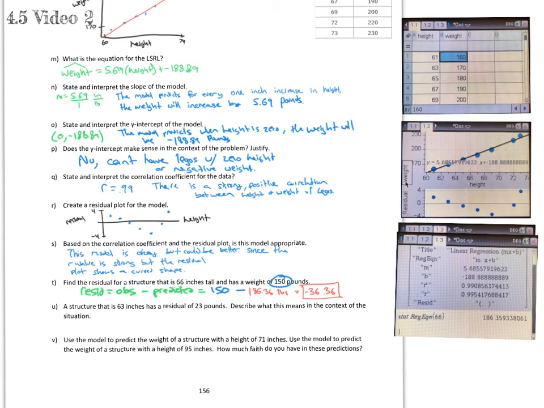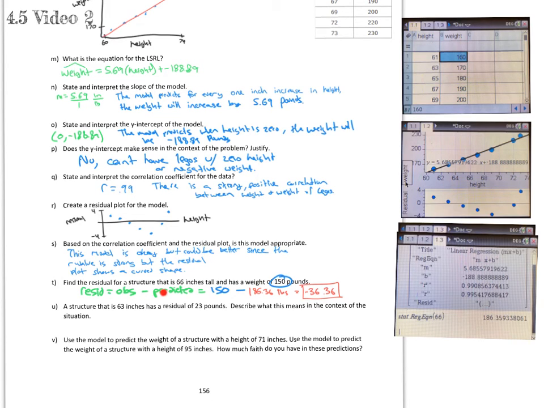That means we had an over prediction. The line predicted 186 pounds. The actual weight was 150. All right, and then in our final two questions here, we have a structure that is 63 inches and has a residual of 23 pounds. Describe what this means in the context of the situation. So I want to look back up here at my formula.